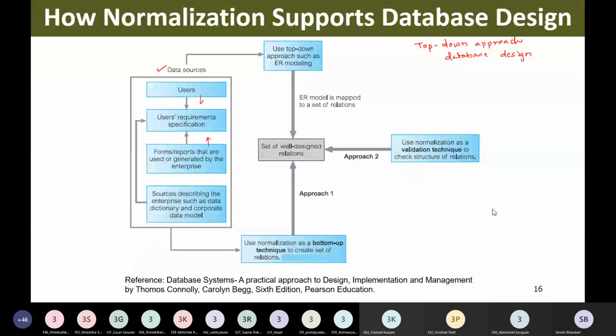So far, whatever method that we followed for designing the relational schema was a top-down design, and this top-down approach was using the ER modeling.